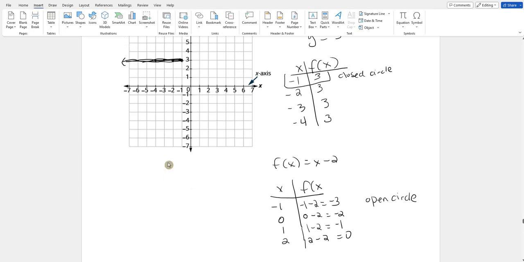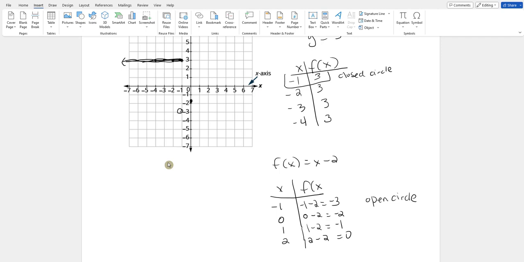When I do -1, -3, which is here, I'm going to put an open circle. This open circle lets me know that this point is not included in the graph. This point is not included in the graph, but I'm still going to draw it and put in an open circle. Then I'm going to plot 0, -2.